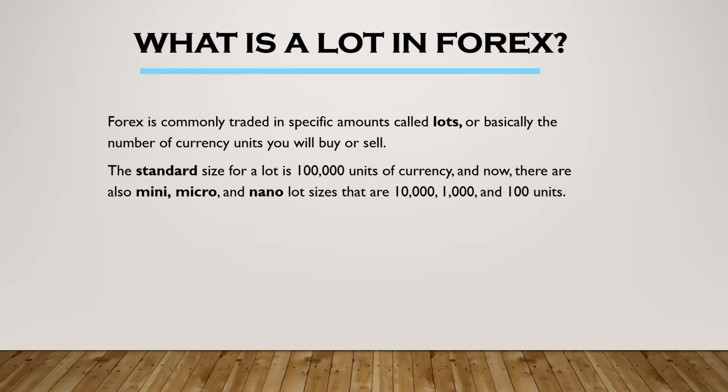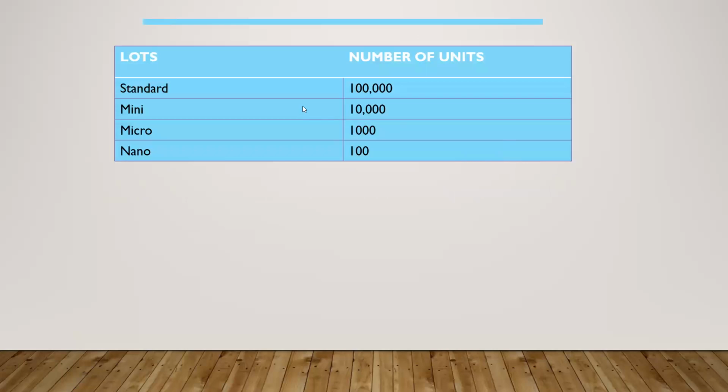So you have the mini, the micro, and the nano, which stand for 10,000, 1,000, and 100 units. Normally, standard means you are buying 100,000 units of that currency. The mini gives you 10,000, the micro gives you 1,000, and the nano gives you 100.